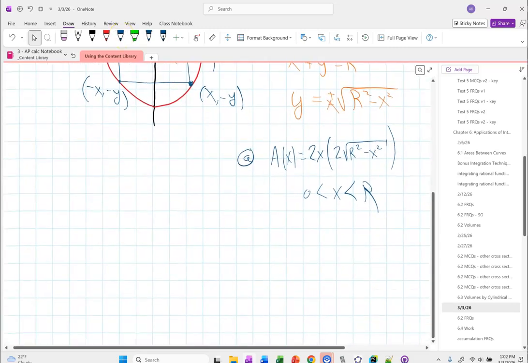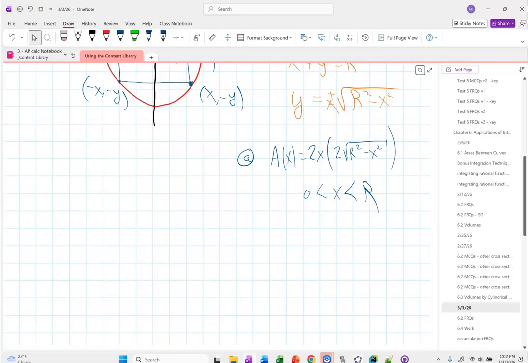To get part B now, I'm going to have to do an optimization, a first or second derivative test on that function there. When I look at that, I see a product rule and a chain rule. Yuck. I'm going to do a little bit of algebra to avoid the product rule here. So what I'm going to do is rewrite x as the square root of x squared.